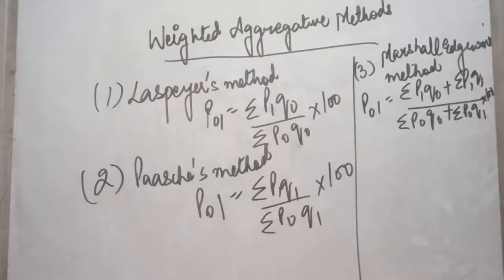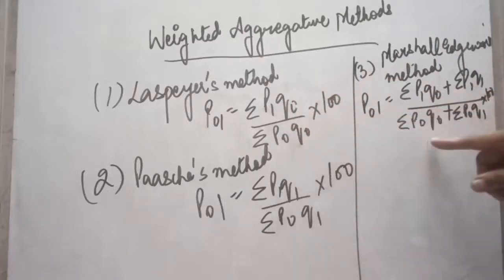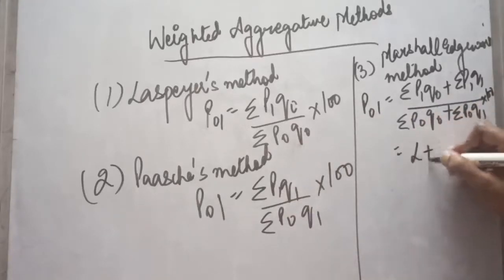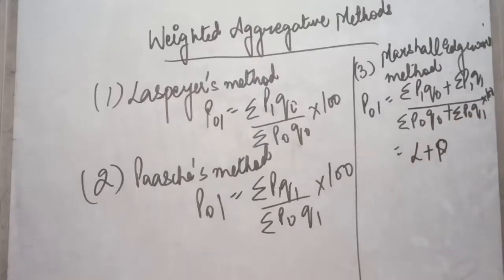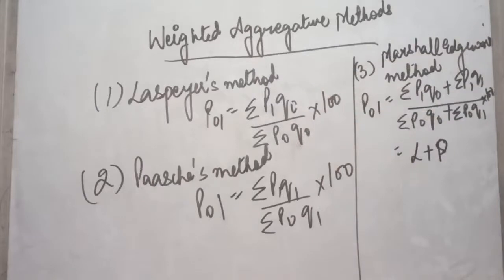If we look at this formula, we have simply added these two, sigma P1 Q0 and sigma P1 Q1 above, sigma P0 Q0 and sigma P0 Q1 below, multiplied by 100. So we can say that we have added Laspeyres' and Paasche's formulas here. Above 2 have been added and below 2 have been added. Like this the formula has been created.